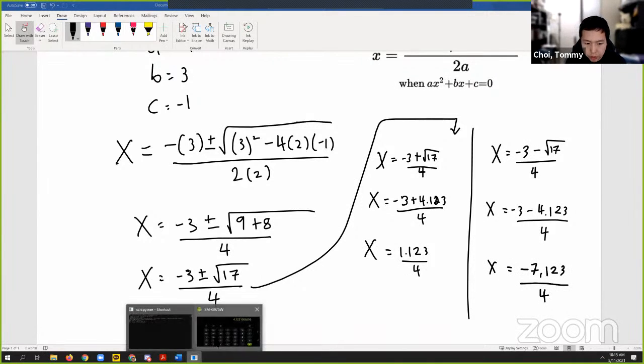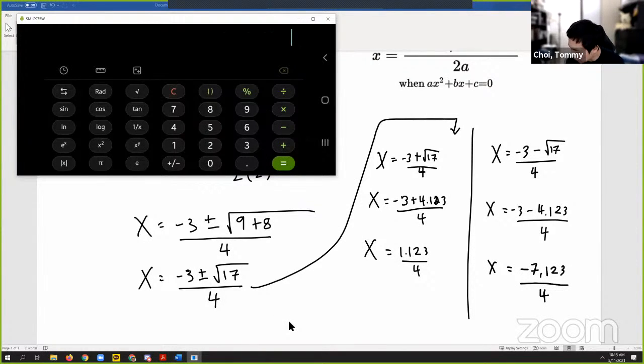Right? And just to show you the math there, if you do it on a calculator, negative 3 plus 4.123 gives us 1.123. And on the right, negative 3 minus 4.123 gives us negative 7.123.